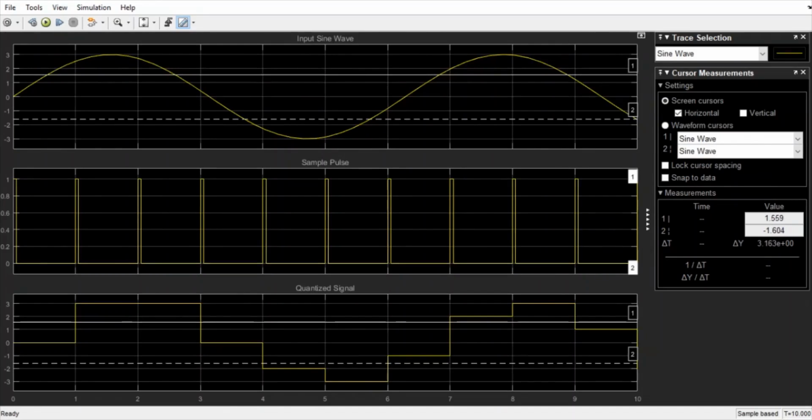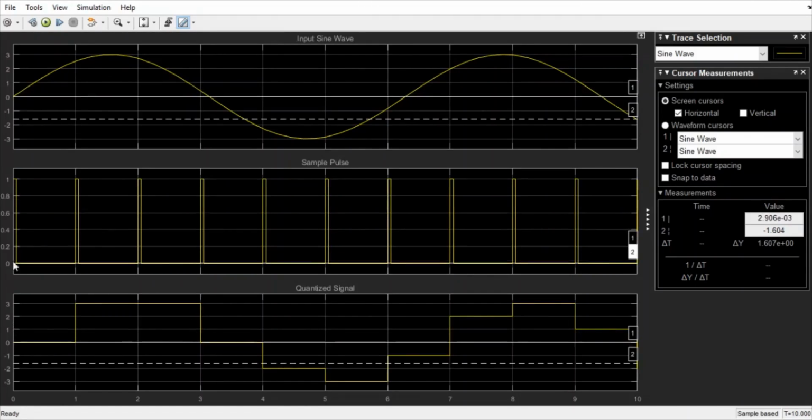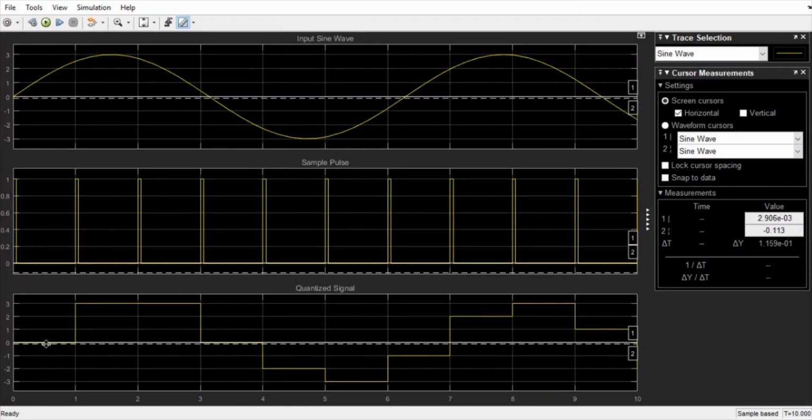Now we go to the first pulse here. So this is the first pulse. You have to read the value for the input sine wave and also the quantized signal at the first pulse. You can see clearly that for the first pulse, both values are approximately equal to 0.